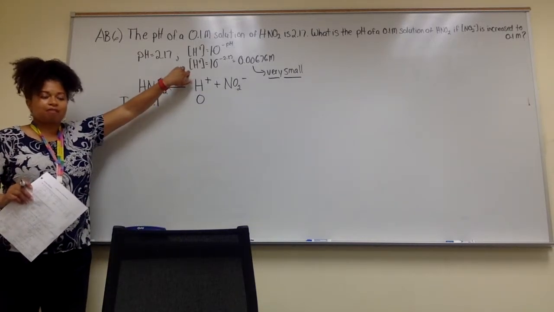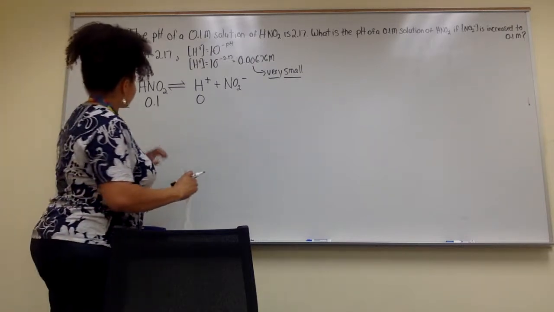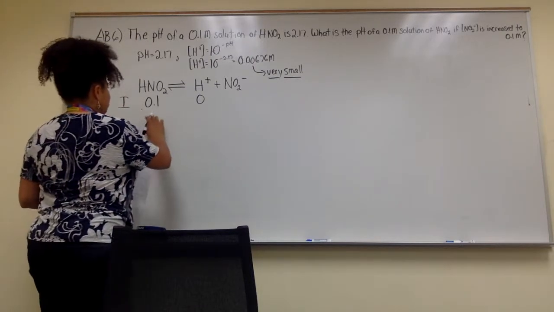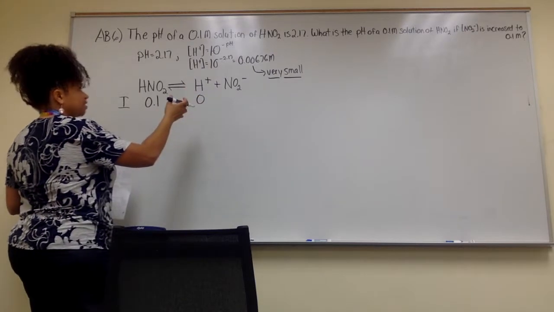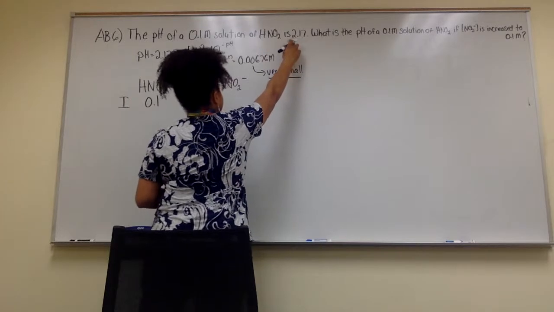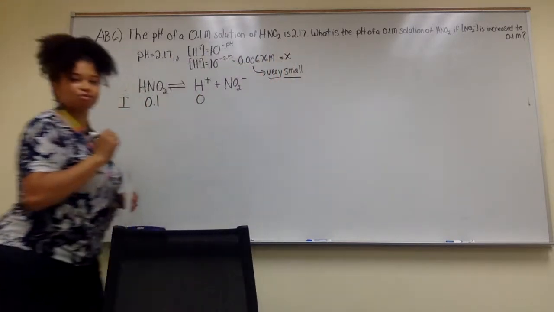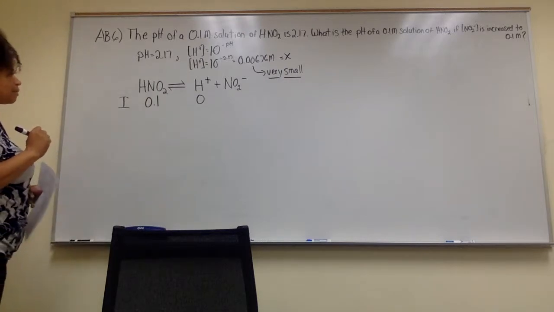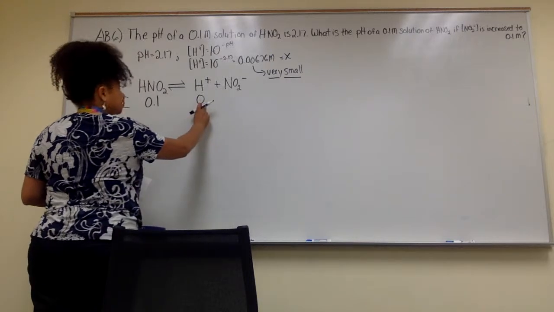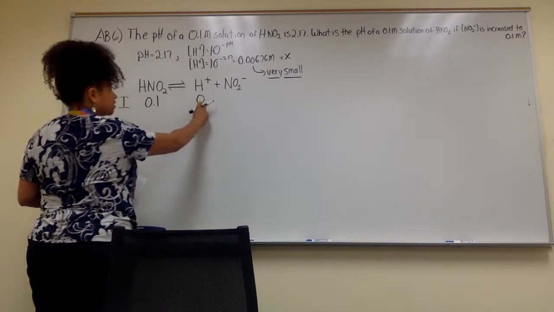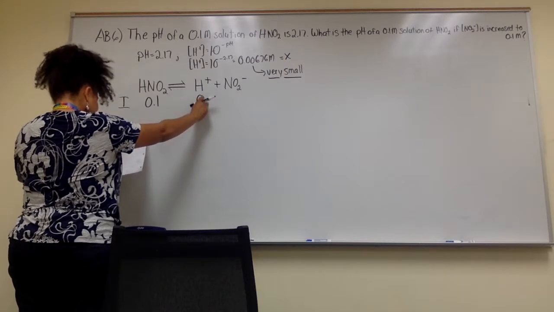Normally, when we would solve these, we would first find out how much X it would be for this pH. This would be equal to X, as we did in some previous problems, right? We could say that we're starting with this, but let's assume that it's nearly 0, okay?